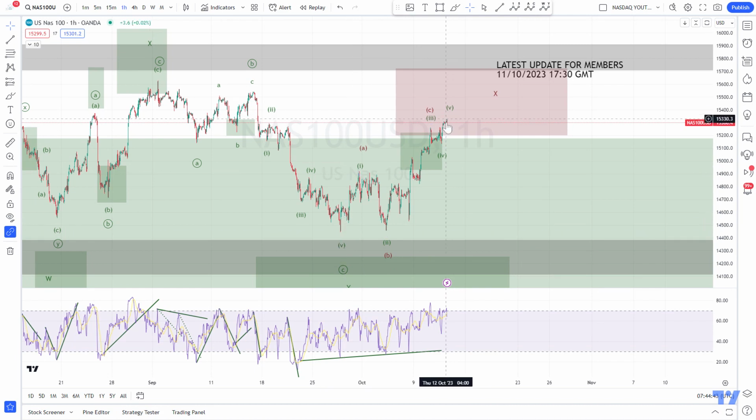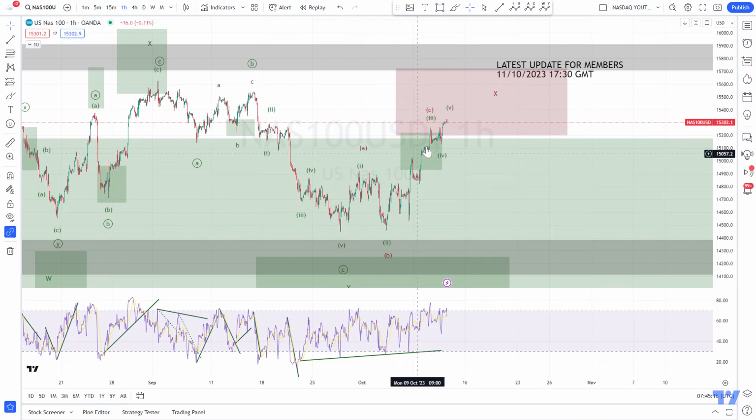So if we are pulling back, I believe this low here will hold, because what we should get now is, if this is finished here, this is a wave 1, then we need a wave 2 down, and then wave 3, 4 and 5 should follow. But if we come back as a wave 2, we can of course not take out this low here.